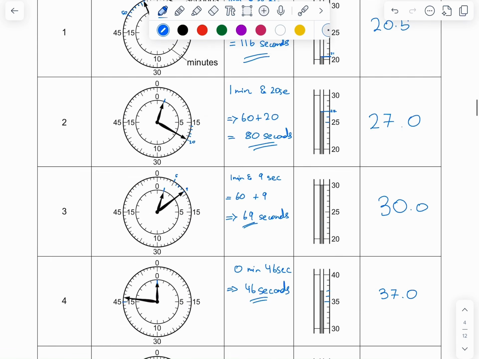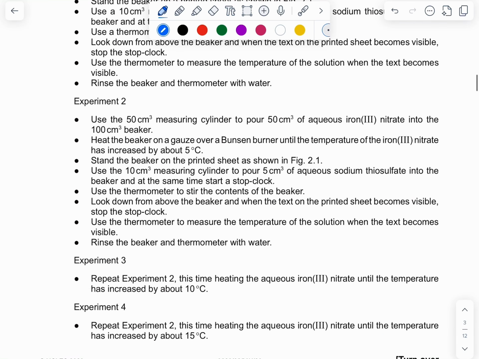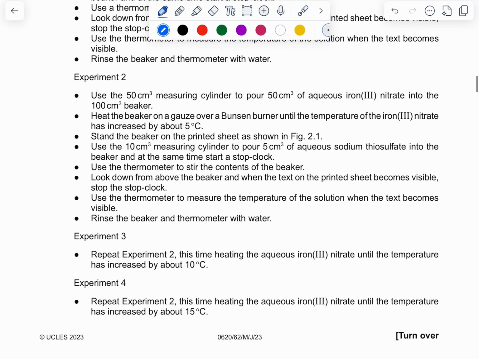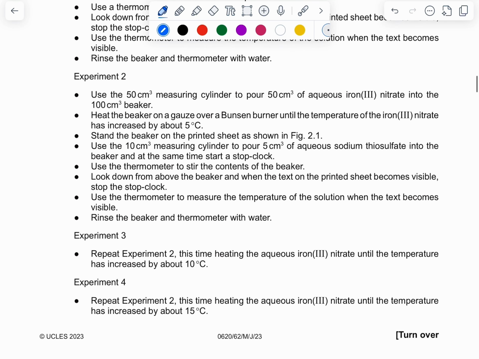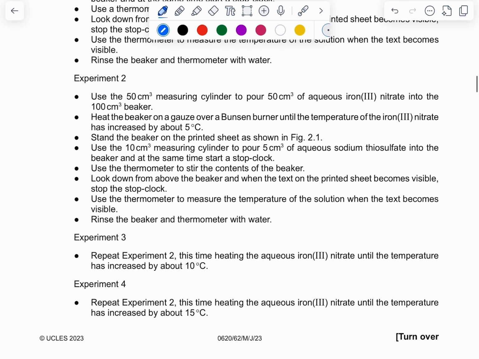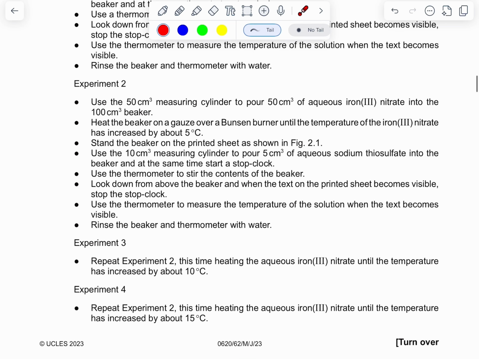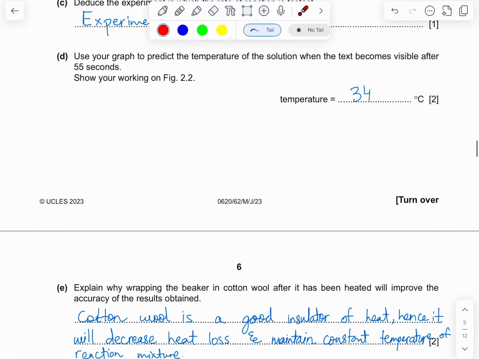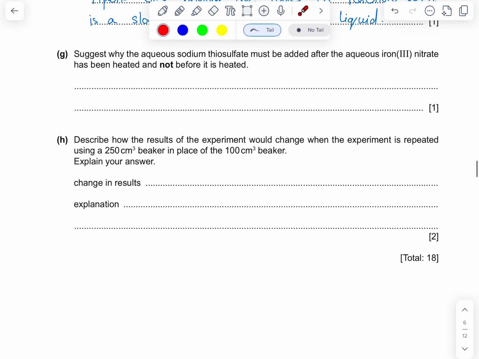All right, let me just read the question as well, see if this has made sense. Bunsen burner temperature has increased by about 5 degrees Celsius. Oh, so yeah, you want to add 5 centimeter cube and simultaneously start the stop clock. With a pipette, you can't add 5 centimeter cube all at once, right? With a pipette you add slowly. So when do you start the stop clock?